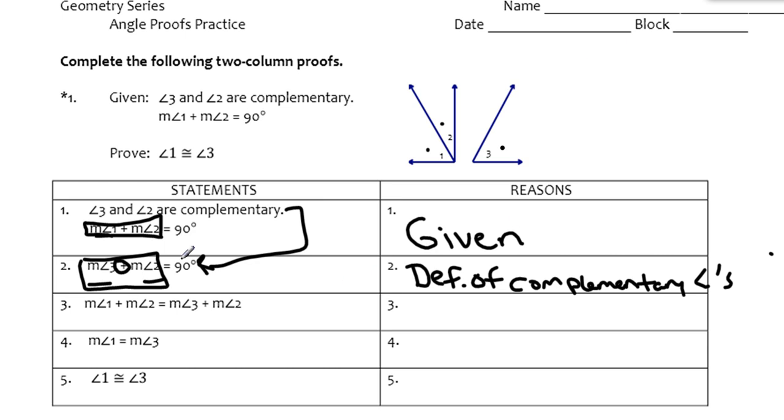And yes, it does look like substitution, and yes, it is technically substitution, but to be more geometrically formal, we call this the congruent complement angles theorem: angles that are both complements are also congruent or equal.